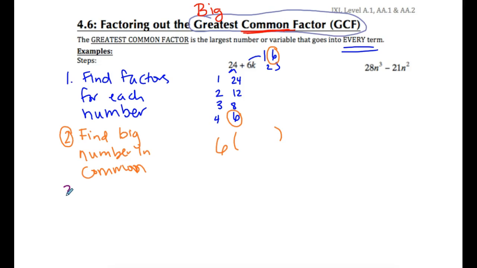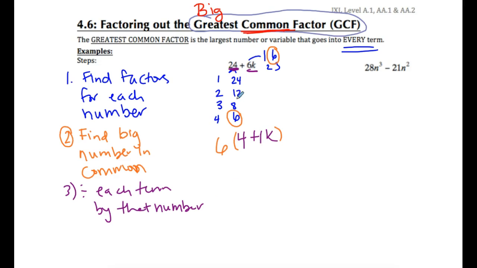So then I divide each term by that number. So if I think about it, 24 divided by 6 is 4. 6k divided by 6 would be 1k, and the reason why it's 1k is 6 divided by 6 is 1.